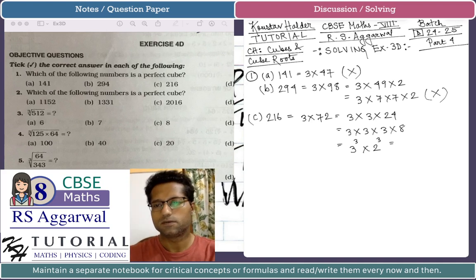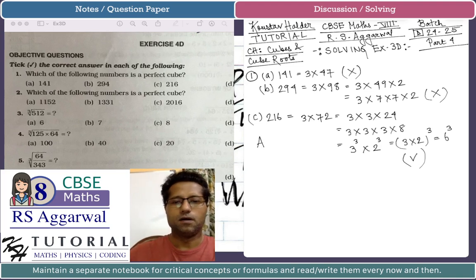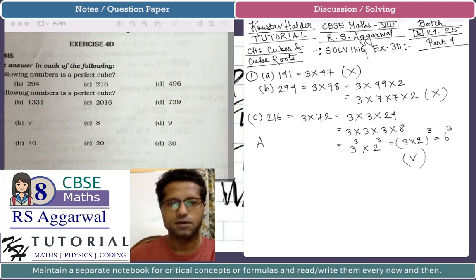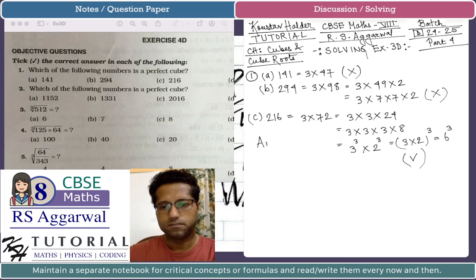So this is 3 multiplied by 2 cube, that is 6 cube. So definitely this is a perfect cube. 216 is a cube of 6. So this is the correct choice. Since only one choice will be correct, we need not check option D. So the answer is C.